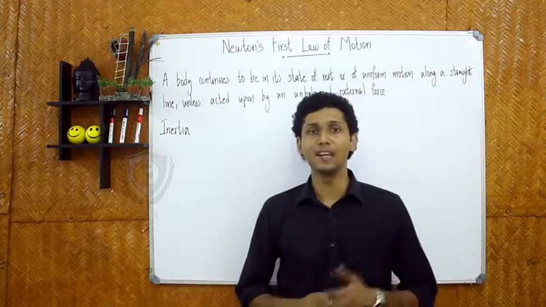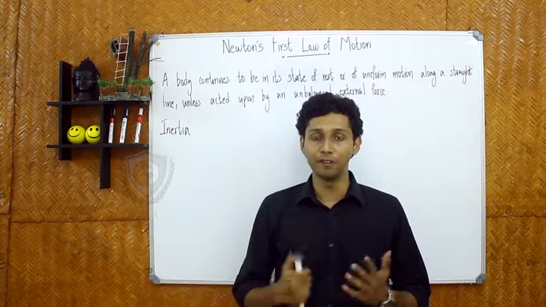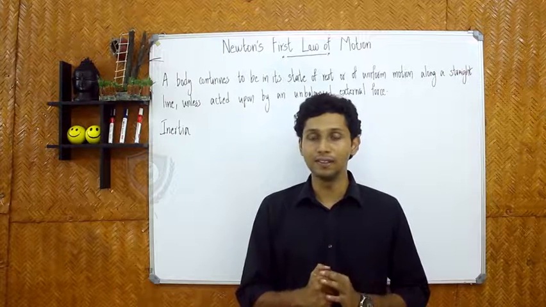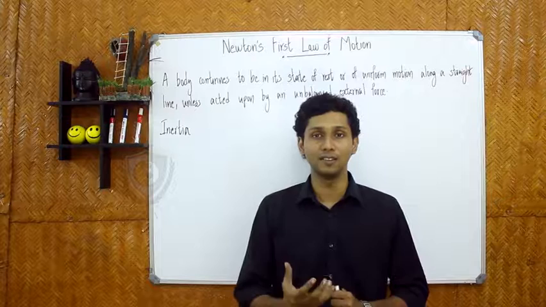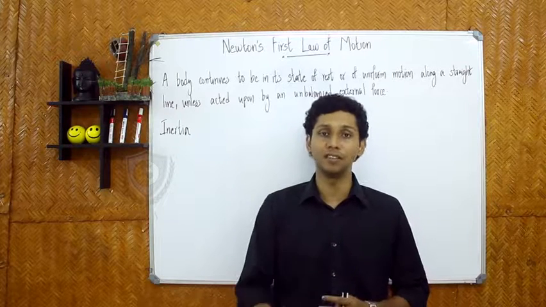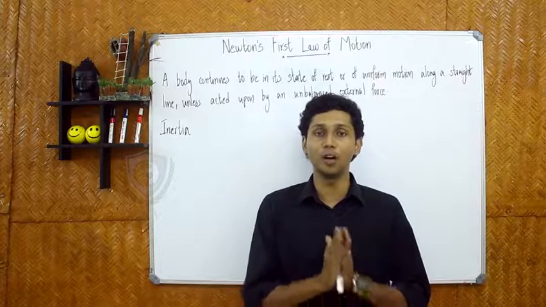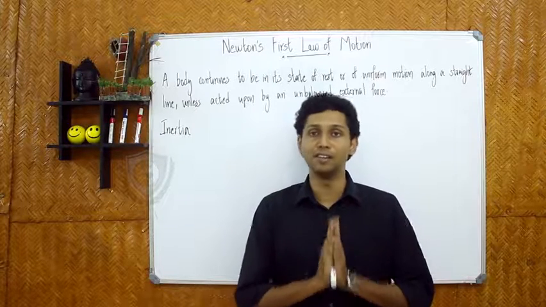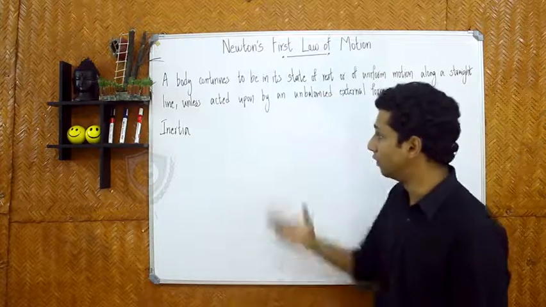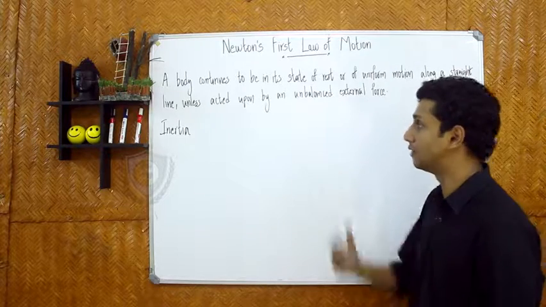Inertia is a natural tendency of all objects, and due to this tendency, these objects try to resist any change in their state of rest or state of uniform motion. Basically, objects just want to continue with their original state itself. First, you just write the definition. After that, we will discuss more about this.